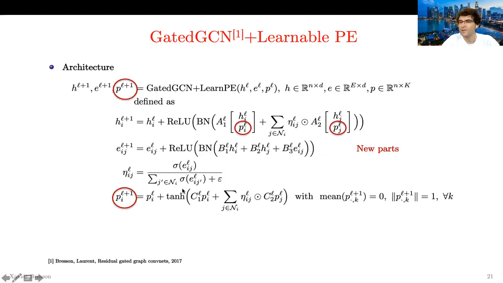There are different possible GNNs. Let's take one, which is our previous work, gated GCN, and let's augment it with learnable positional encoding.